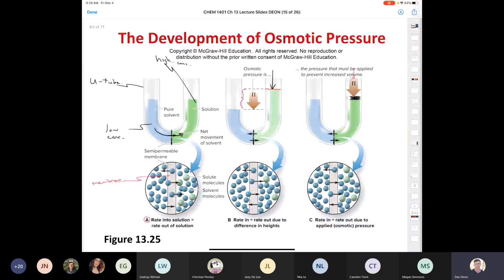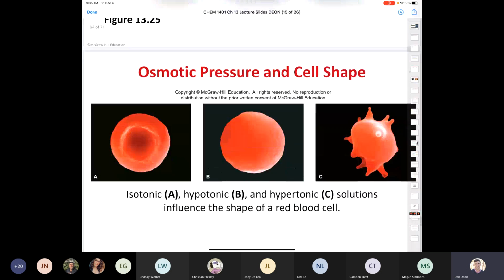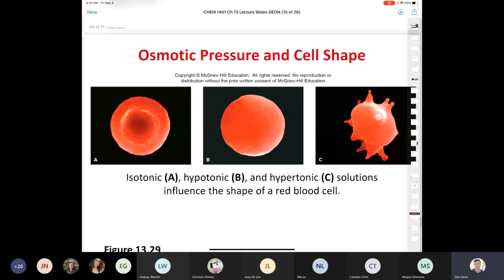Before we look at a problem that involves using the formula for osmotic pressure, pi is equal to mRT, I want to show you what a red blood cell looks like and how it can be affected by osmotic pressure. Here's a normal red blood cell.